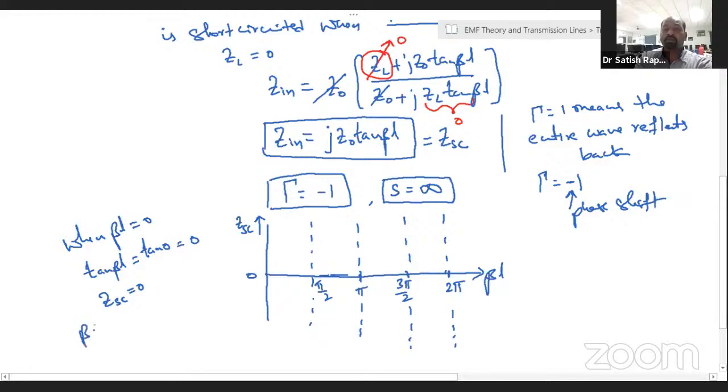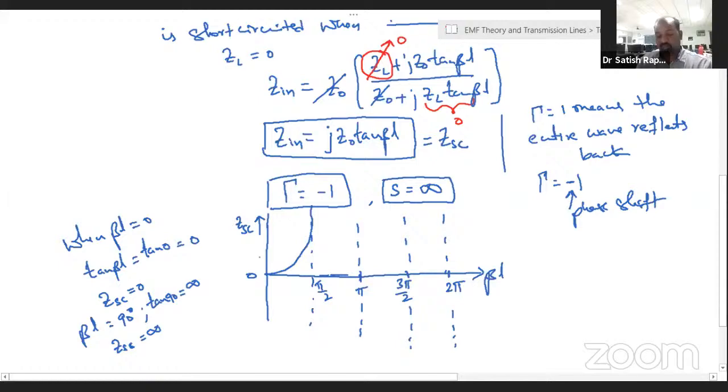When beta L is equal to 90 degrees, tan 90 is infinite. Therefore, the input impedance of the short circuited transmission line is infinite. So the input impedance varies like this between beta L equal to 0 and beta L equal to pi by 2, going to plus infinite.